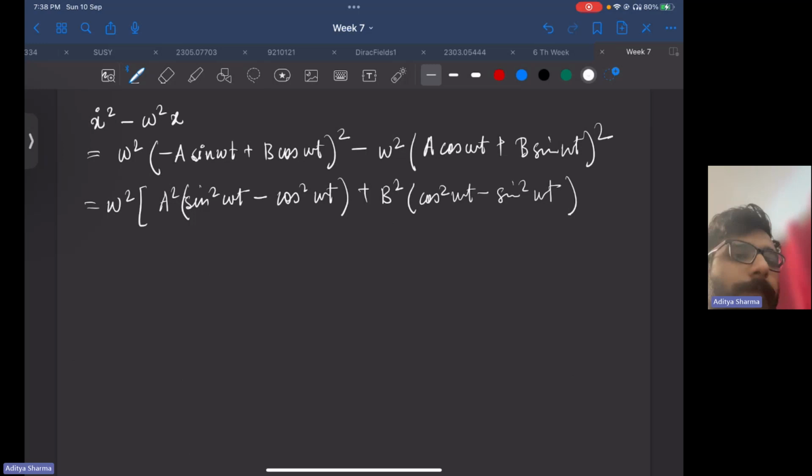In the cross term, which is 2AB sin omega t cos omega t, that cancels. And we will rest the remaining of this. So this is A square, this is minus cos 2 omega t. This is B, so B square minus A square cos 2 omega t.